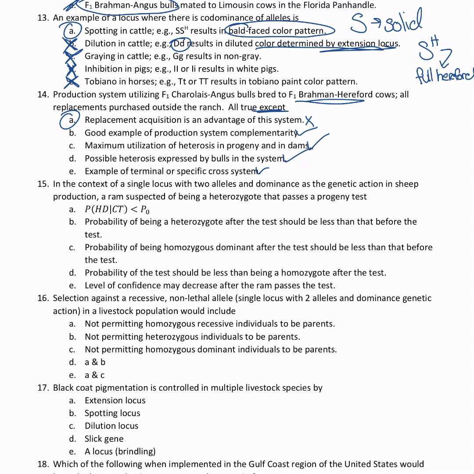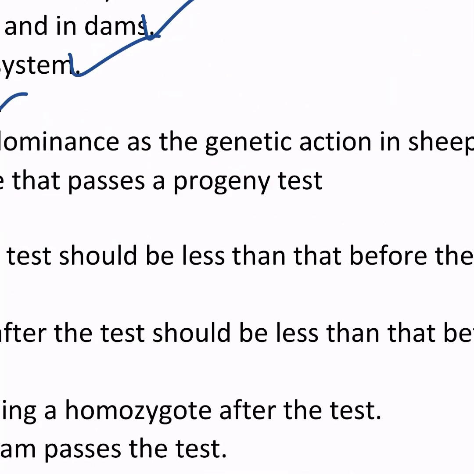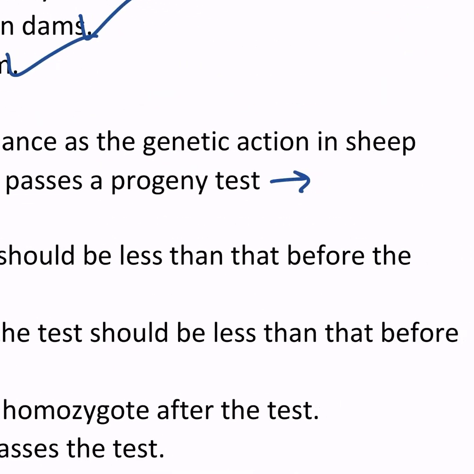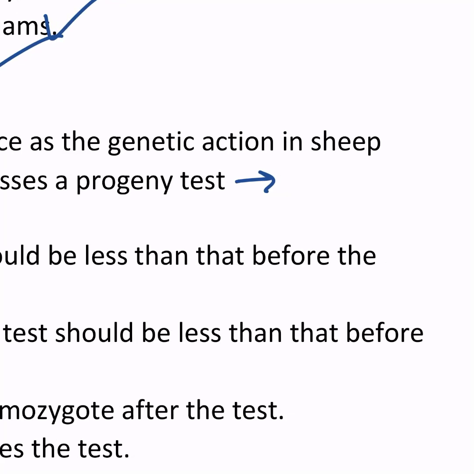Number 15, in the context of a single locus with two alleles and dominance as genetic action in sheep production, a ram suspected of being heterozygous has passed a progeny test. That means he was bred to a whole bunch of ewes and he produced only phenotypically dominant animals.